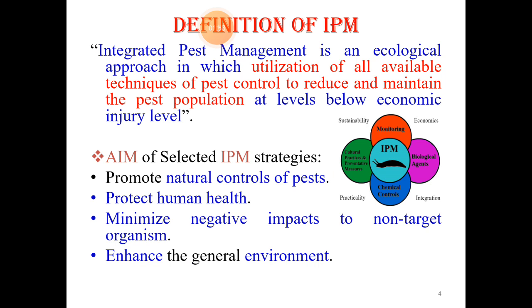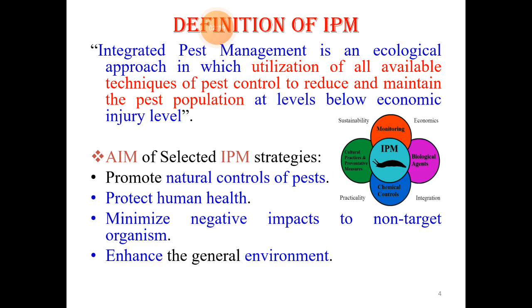Then what is this IPM? IPM is an ecological approach wherein different methods of pest control are used at a time to reduce and maintain the pest population below the injury level.